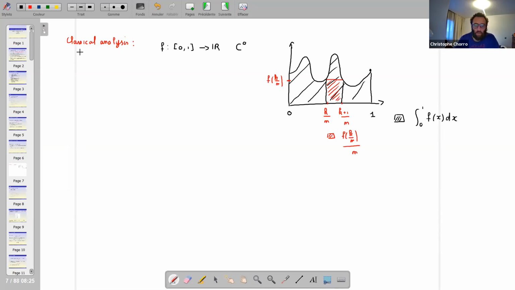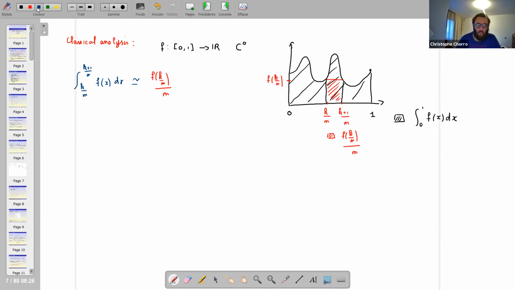And in fact, the approximation we are going to use is to approximate the integral between k over n and k plus 1 over n of f of x dx by this area in red, that is by f of k over n divided by n.